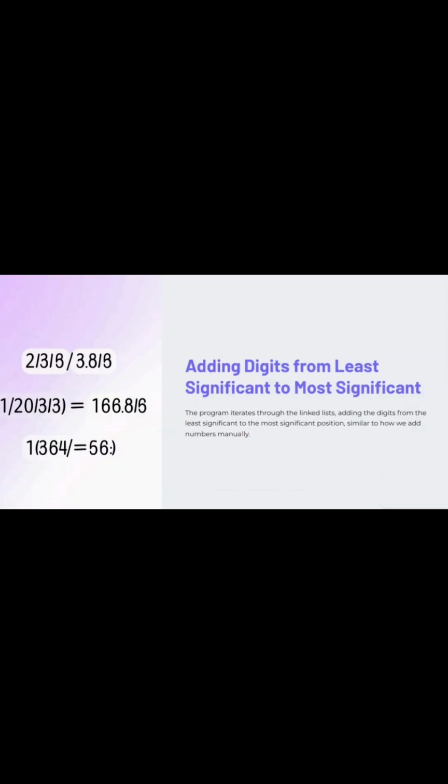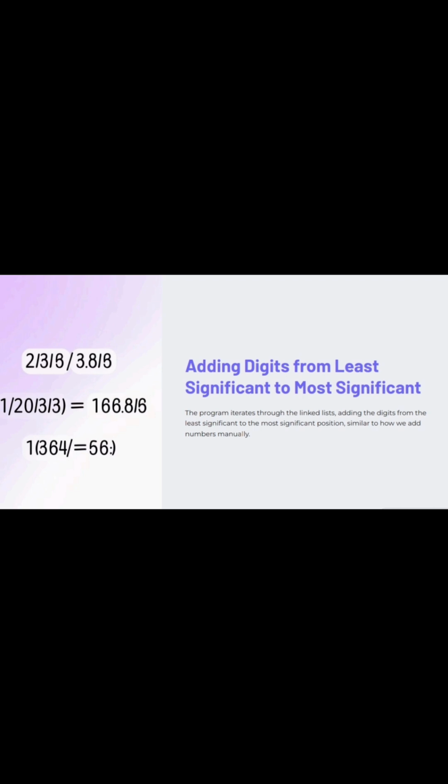Now, adding digits from least significant to most significant. What does this mean? Basically, it is to take a number and sum its digits, starting from the rightmost, the smallest place value digit, and moving leftward to the leftmost, the largest place value digit, adding the digits one by one in order from the ones place to the tens place, hundreds place, and so on.